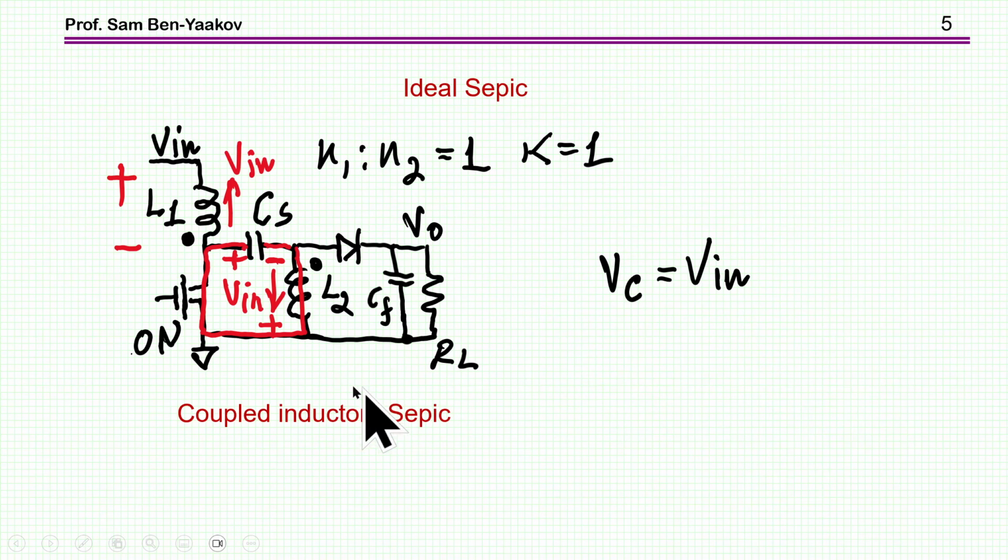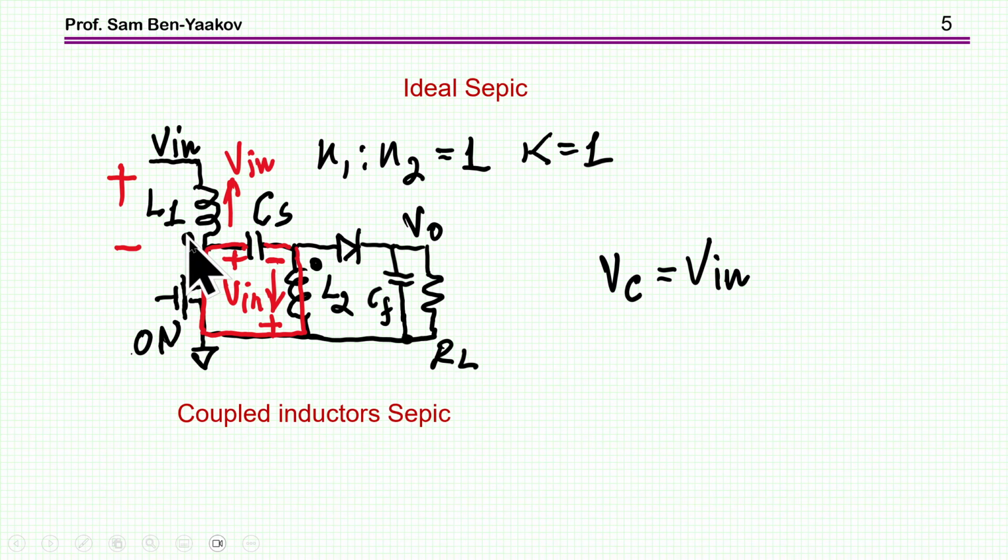I'm starting this explanation by considering the situation that the transistor is on. The transistor is on, so there is a short here. And as you can see, we have this path here. So the capacitor is connected to this secondary inductor. Now the voltage across the primary at this stage is V in, because there is a 0 here and there is V in here.